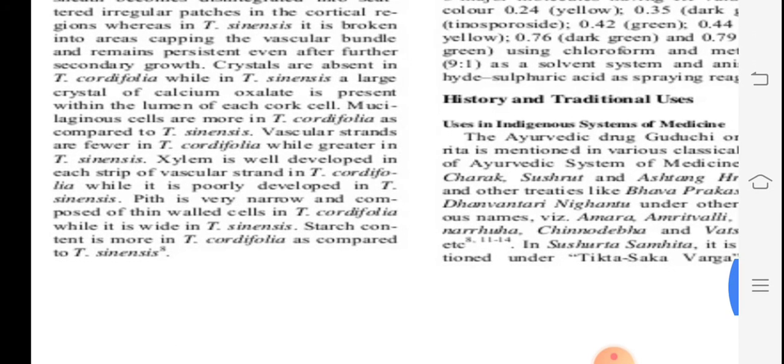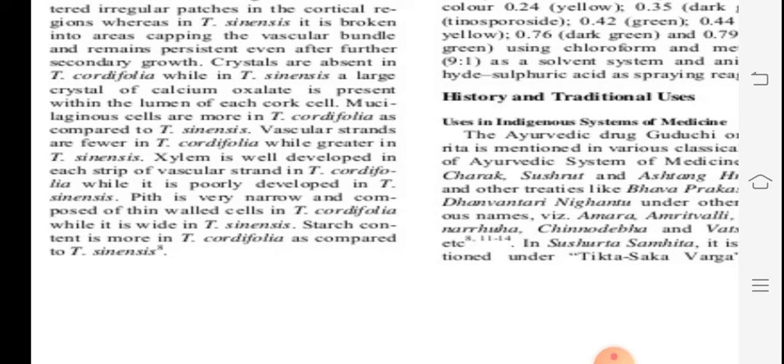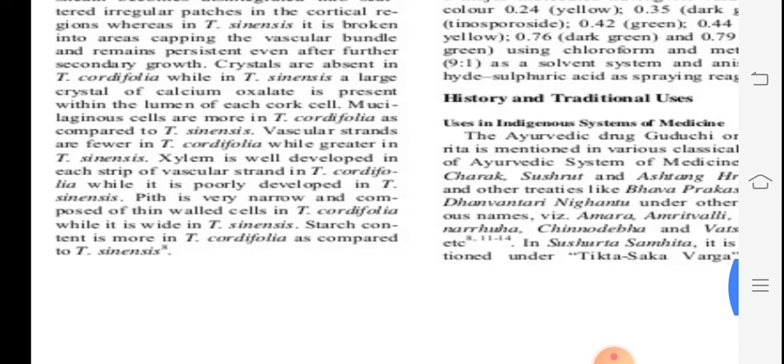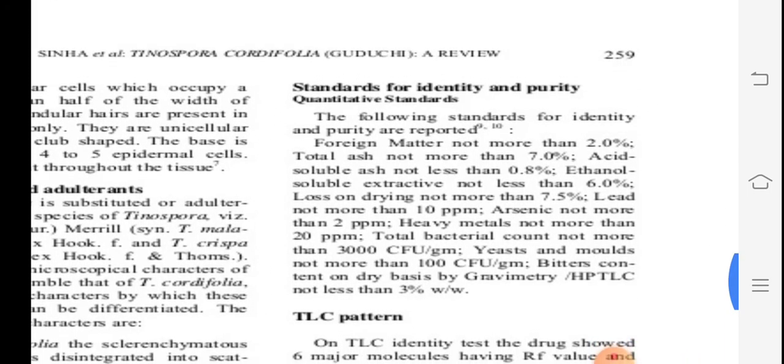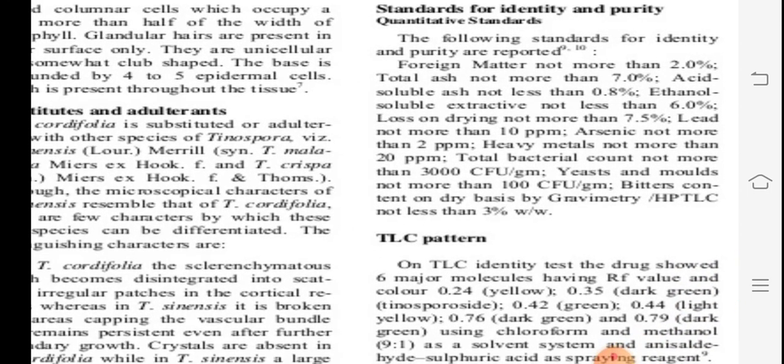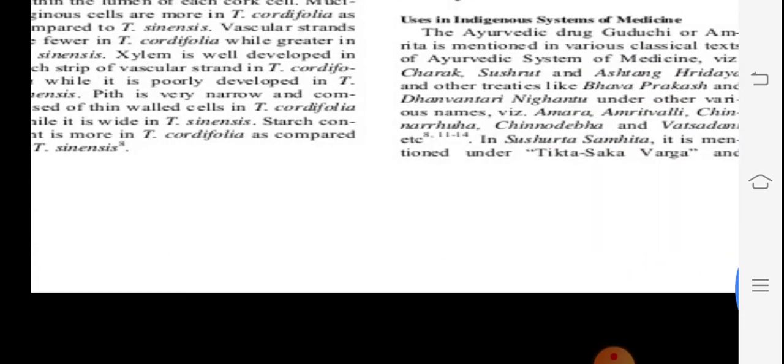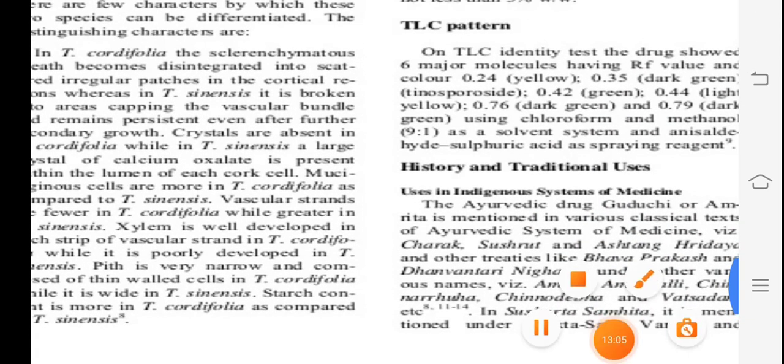Then Tinospora sinensis shows the large calcium oxalates. Therefore it is not same like the Tinospora cordifolia. So you remember these two examples, and generally we are finishing here about the Tinospora cordifolia.